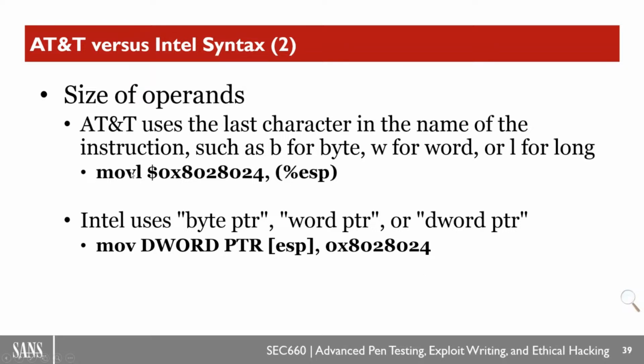The top one, we say move the long 32-bit, move the long immediate operand. So take this literal address and write it to the top of the stack. How do I know top of the stack? Well, parentheses are there. That means it's a pointer. So go to the address stored in the stack pointer and write this there, put that there.